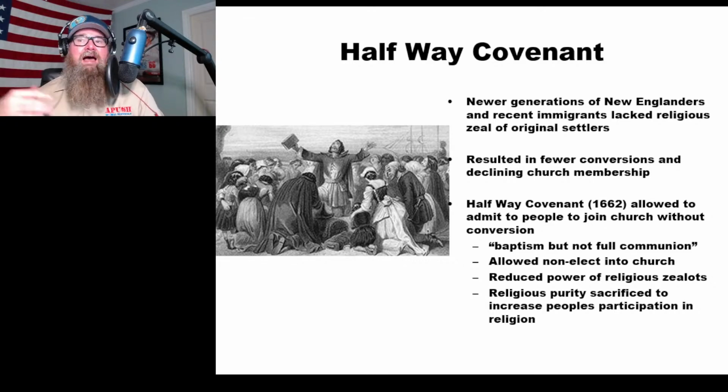Basically, it allowed you to not have to convert, but you could belong to the church, so you wouldn't have to do all the really intense stuff that they were doing, right? And it allowed them to get more and more people, which gave them more power and more money. Right? So the halfway covenant was very effective. And you need to understand what it is and why they did it.